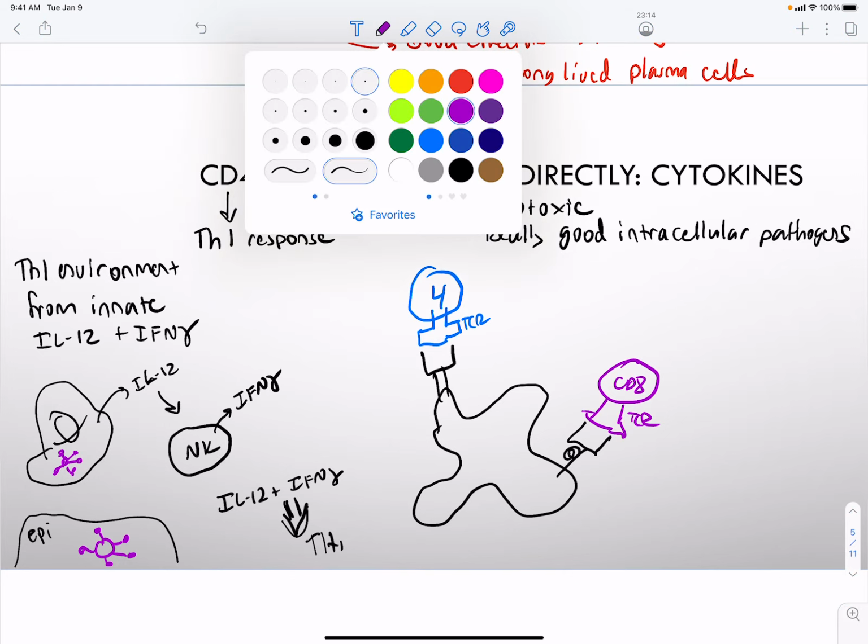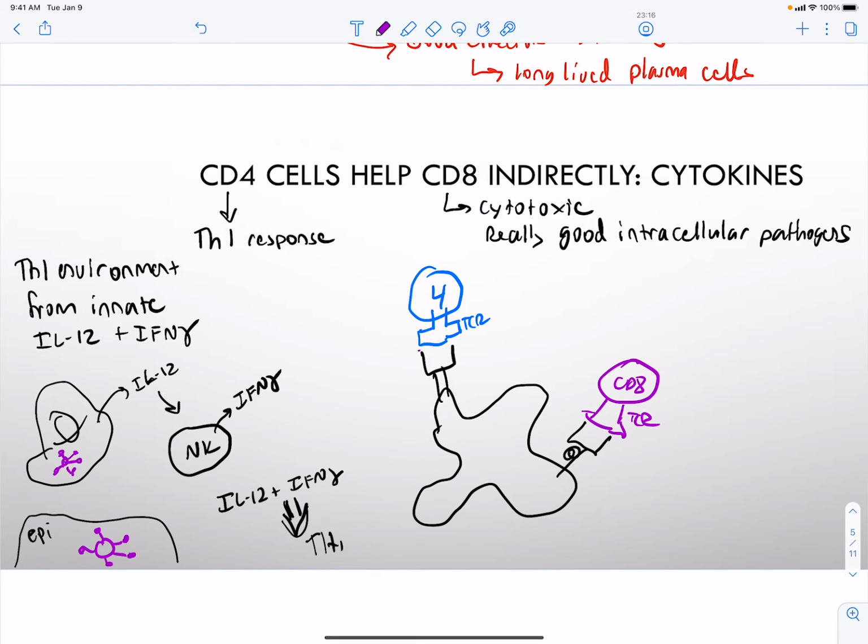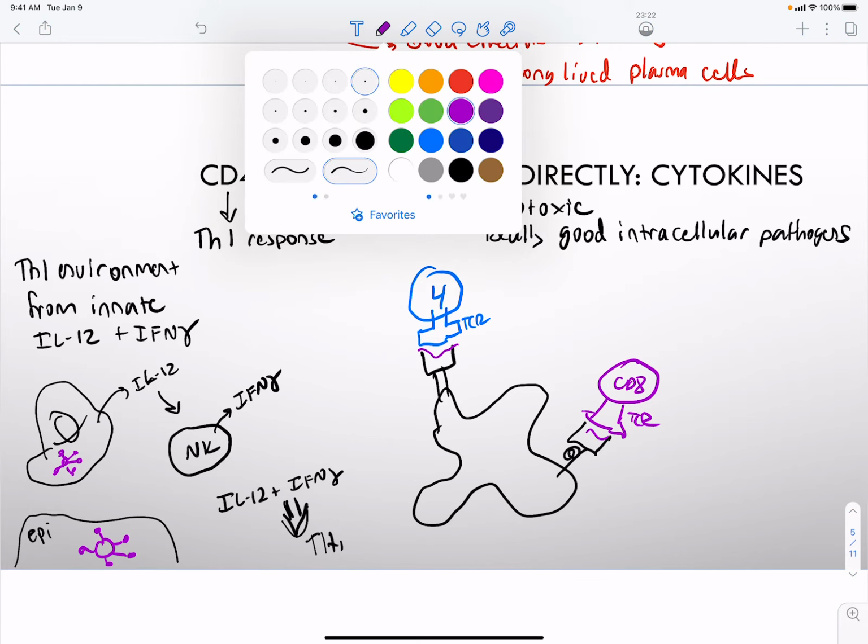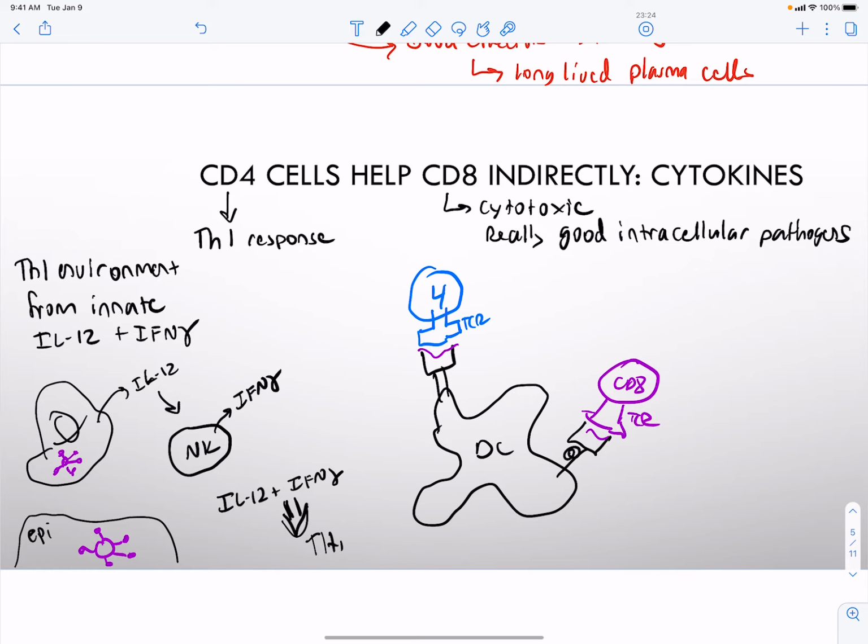And then the dendritic cell, of course, is going to display the coronavirus peptides on the surface, and it's going to get activated. The dendritic cell plus the IL-12 plus interferon gamma will tell the CD4 T cell you need to become a TH1 cell.